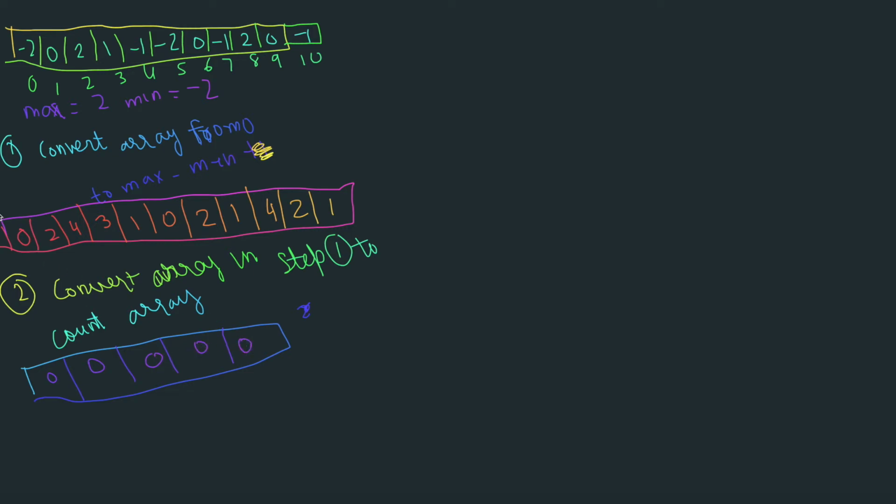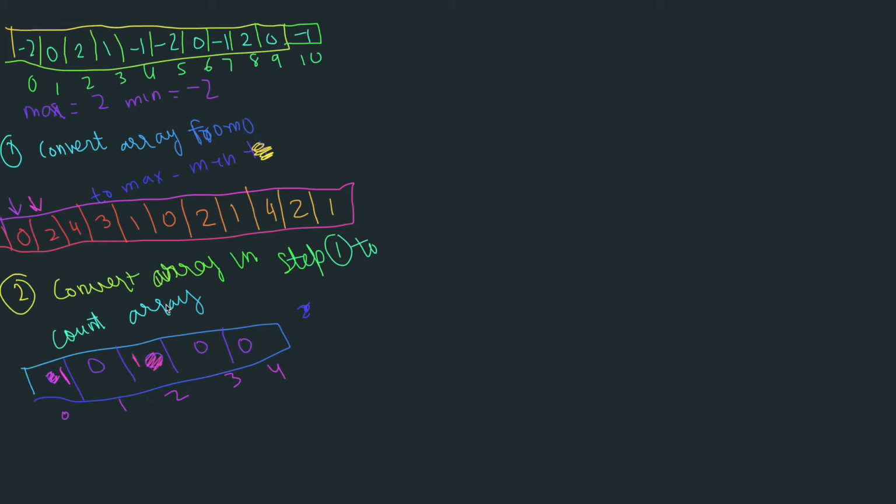We scan the first value in the array obtained in step 1, which is 0. So we go to index 0 and increment the value there to 1. Next the value is 2, so we go to index 2 and increment the value to 1.